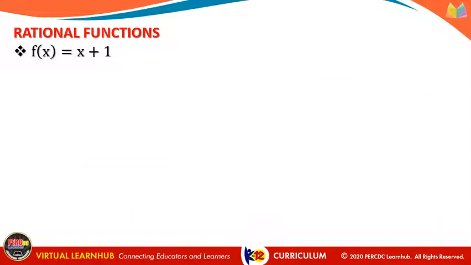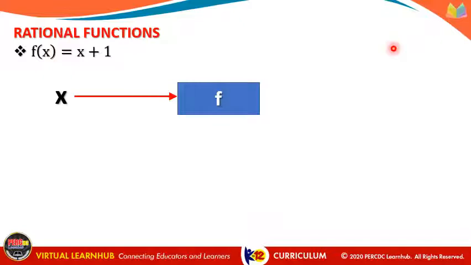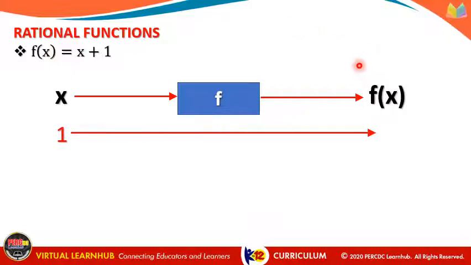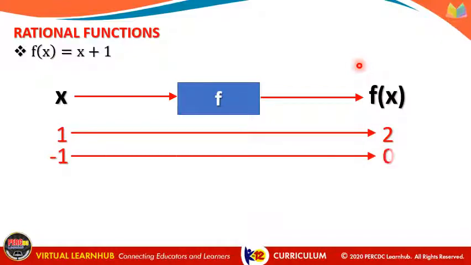Balikan natin yung example natin last video. Let's say you have function f of x equals x plus 1. Tapos, let's take a look at some input-output combinations. If x is 1, ano ang lalabas na sagot? It's positive 2. If x is negative 1, ang lalabas na sagot ay 0.